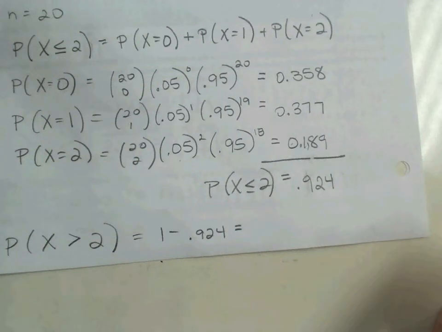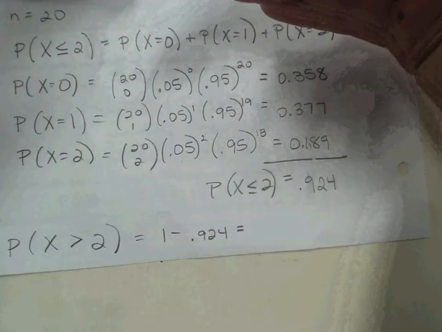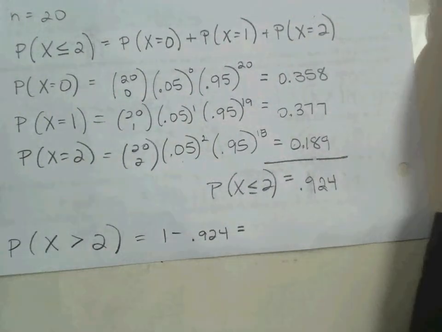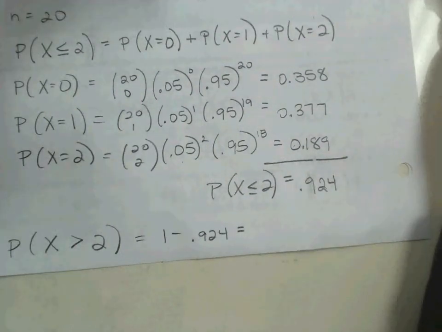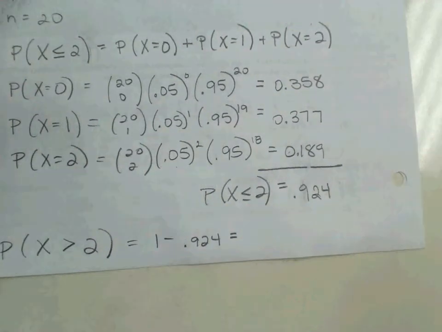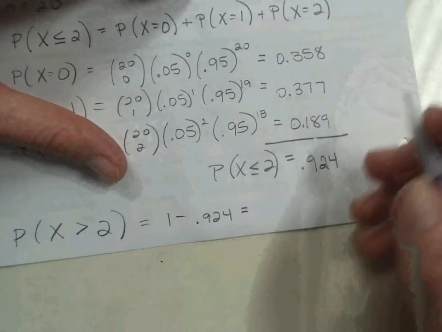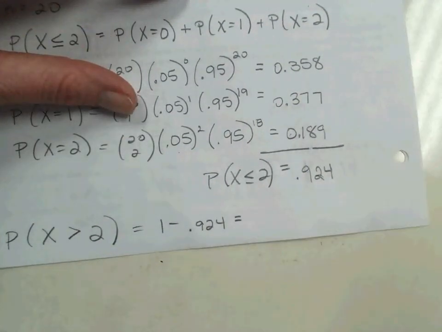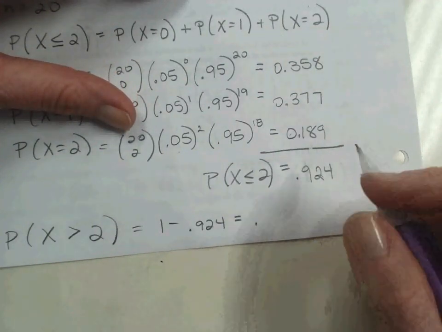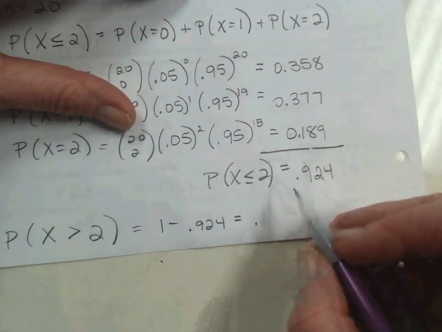So sometimes it's easier to add up 3 binomial probabilities and then subtract from 1 than to find 17. So what did you get then when you subtracted from 1? 1 minus 0.924. Good.